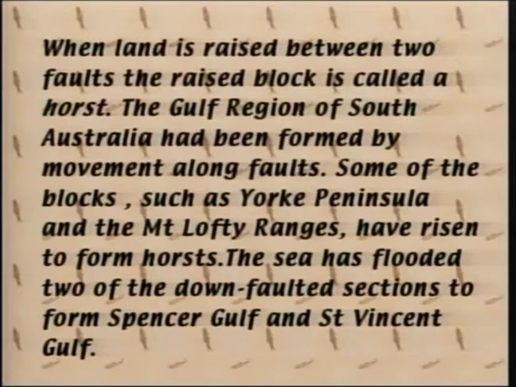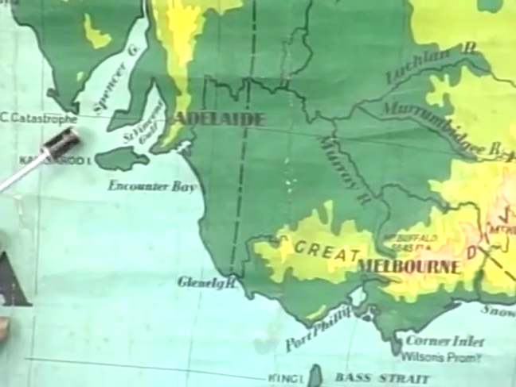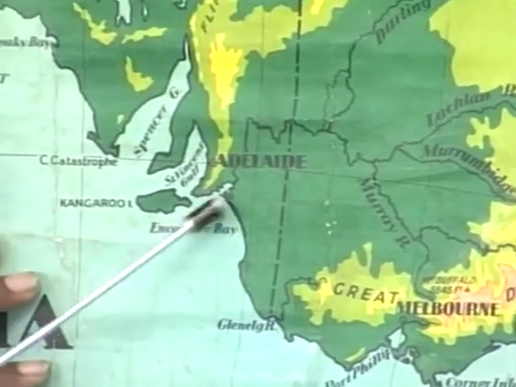And we are going to look at the Gulf region of South Australia. That particular area is here. Note this region here. Our activities will see us look at this region here in Australia.